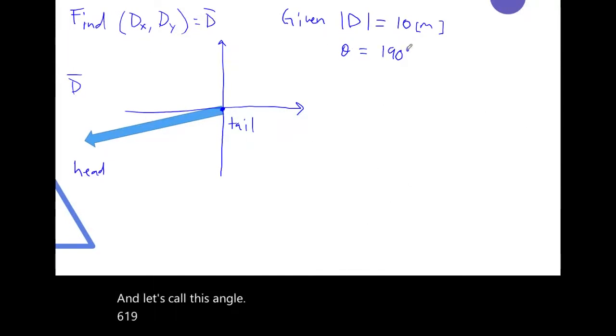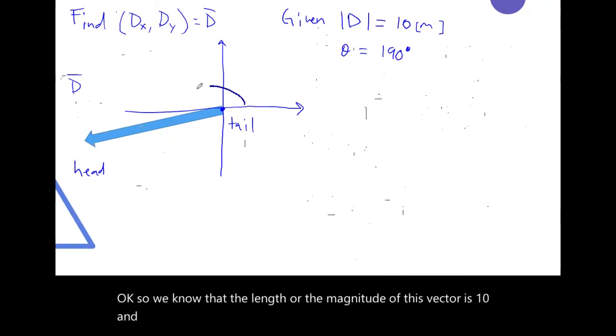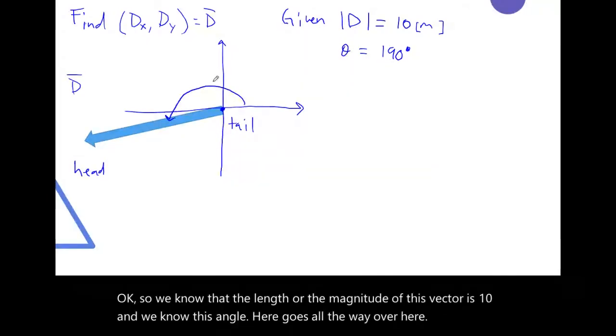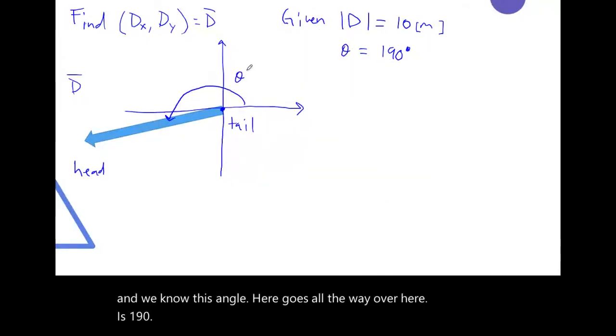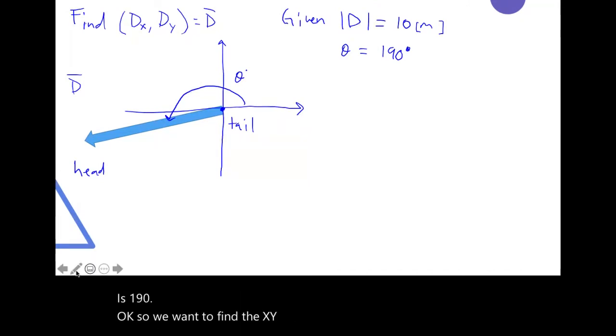Looks about 190. Okay. We know that the length or the magnitude of this vector is 10, and we know this angle here, which goes all the way over here, is 190. Okay, so we want to find the x and y components.